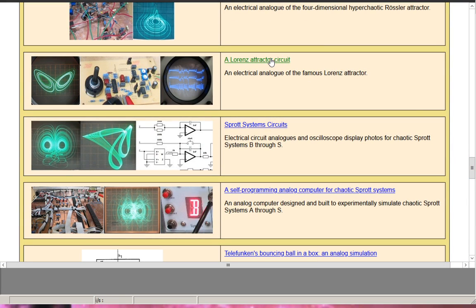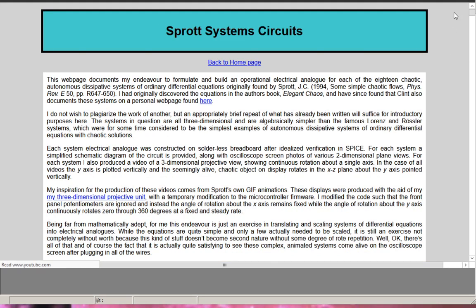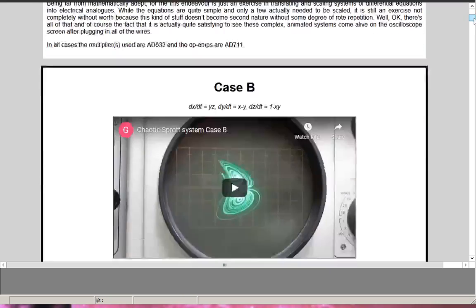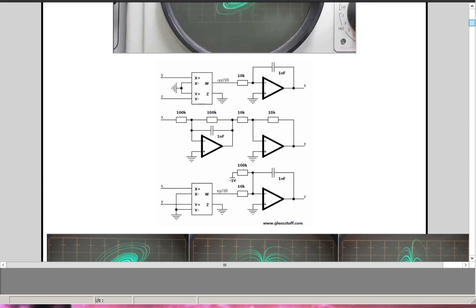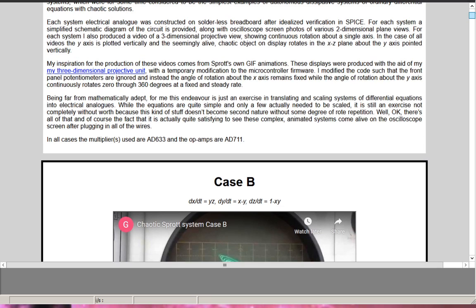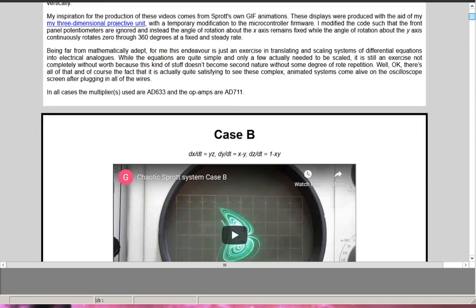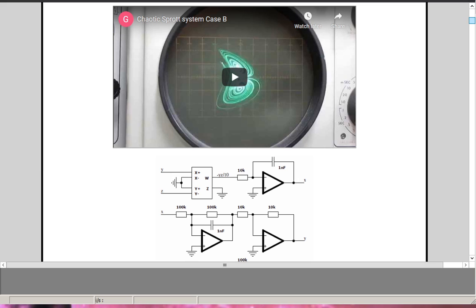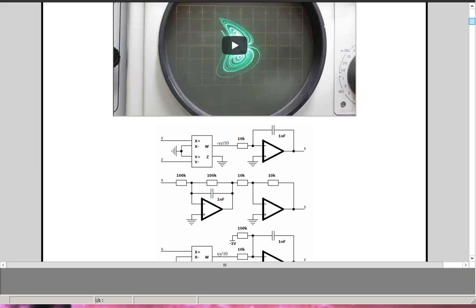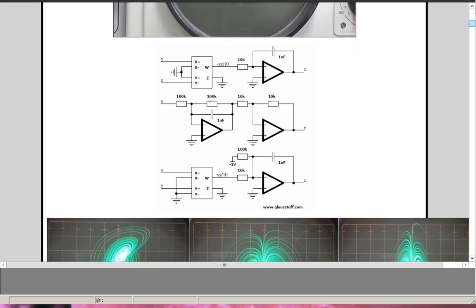What is this? Lorenz attractor circuit. AD633 multipliers. What's a multiplier? Huh.